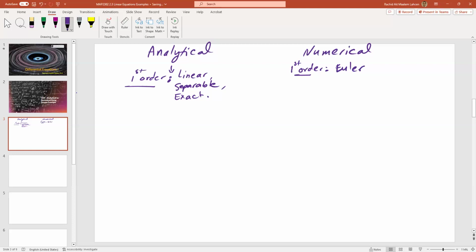So here, the goal, this is kind of like a closed form that gives an exact solution, right? Here you get an approximation solution.